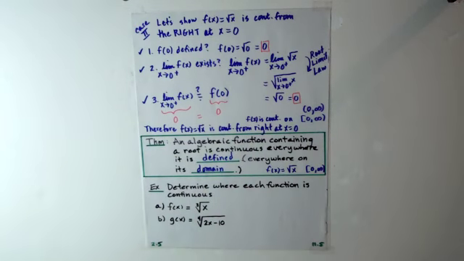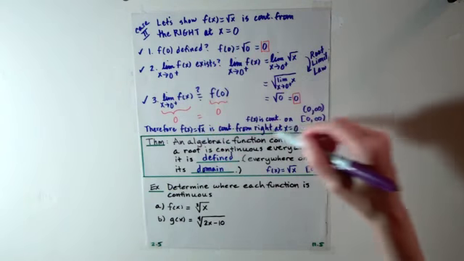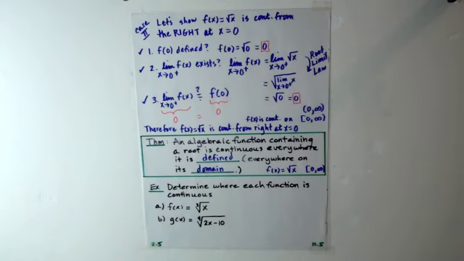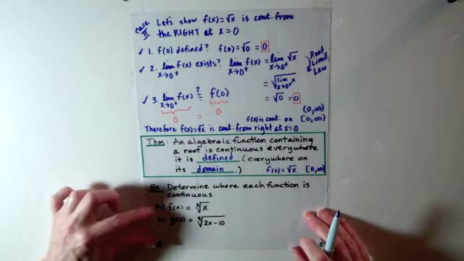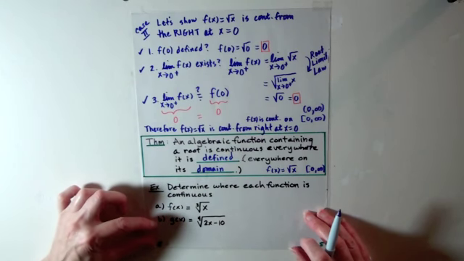Well, let's go ahead and use that theorem, even though we didn't prove the general case, but I hope you can see how we would prove it for different root functions from the specific example we looked at. And let's determine where each of the functions that I have written down here is continuous.